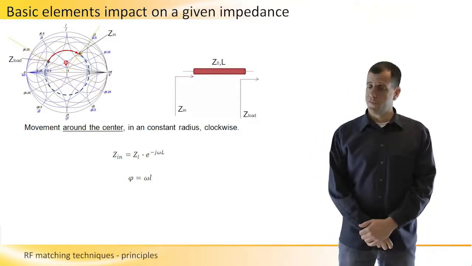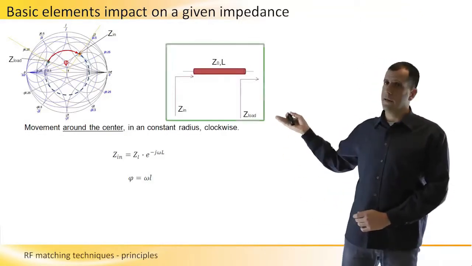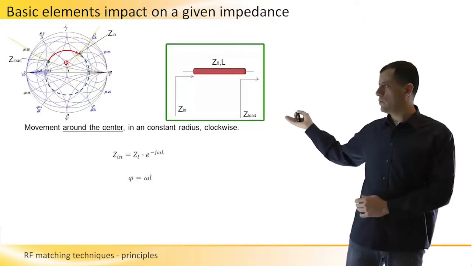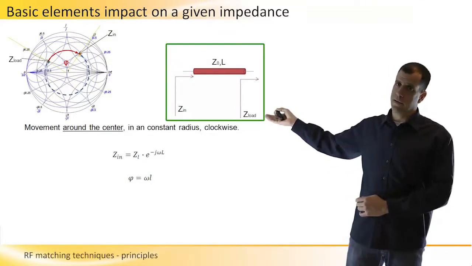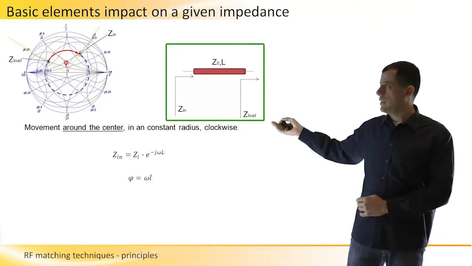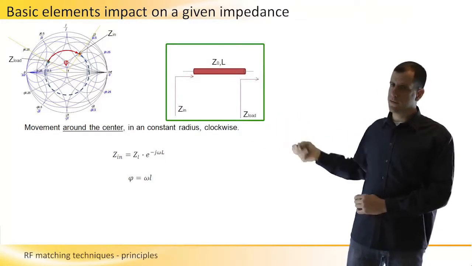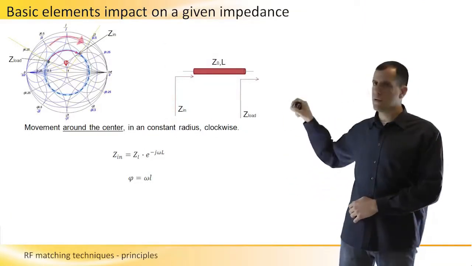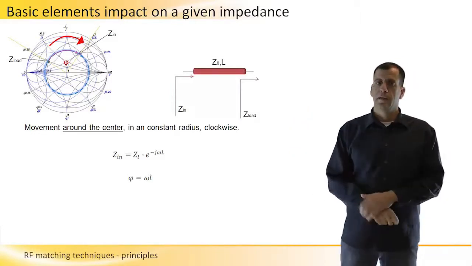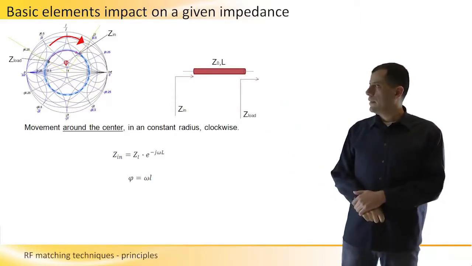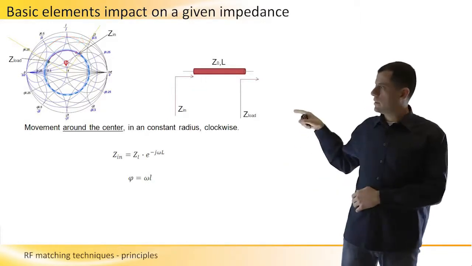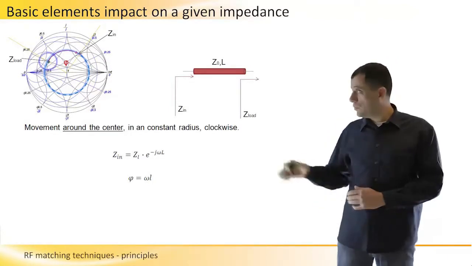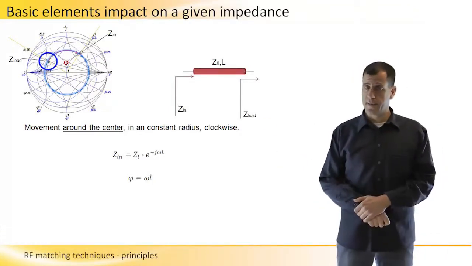We have seen previously that if we add a transmission line to a system, in this case we have a load, the Z load, and we add a transmission line with the characteristic impedance of Z0, and then we measure the input impedance of our system, the Smith chart view will rotate clockwise along a circle that is marked here in dashed line, whose center is located on the center of the Smith chart, and its circumference crosses the blue point that represents the impedance.